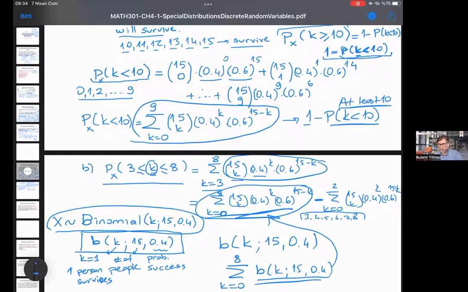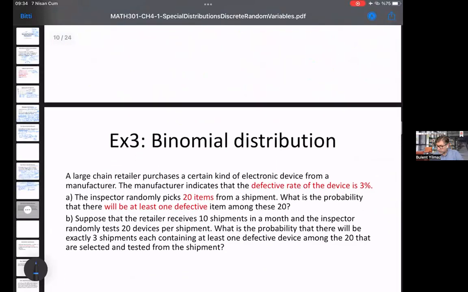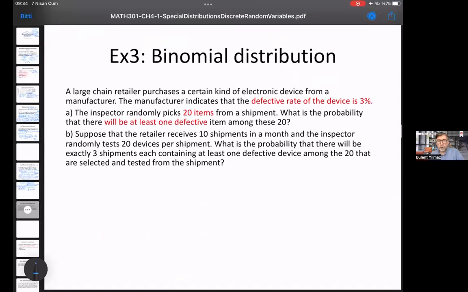Okay, now the second is the third question. The third example is a quiz question. Okay, this will be the first quiz, only the A part. Okay, I want you to, there will be a couple of questions along the way.